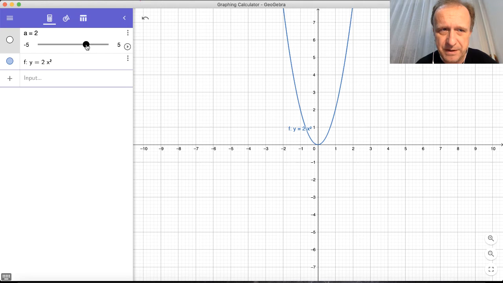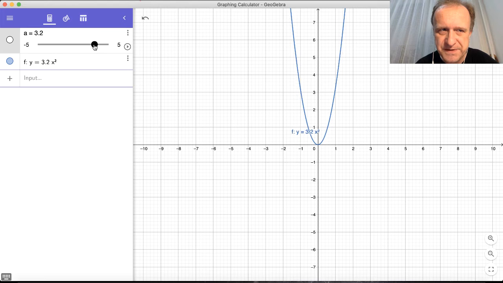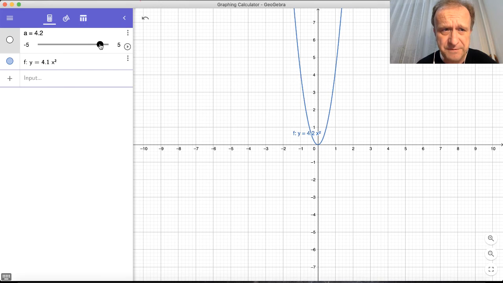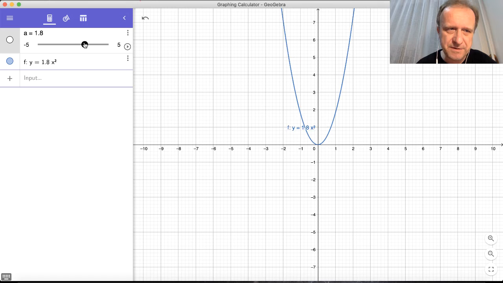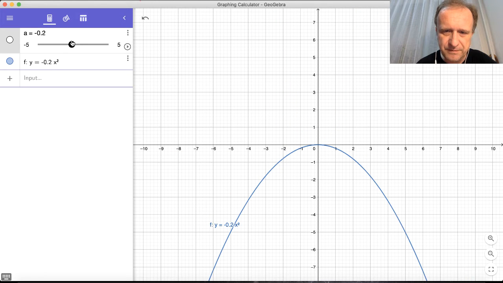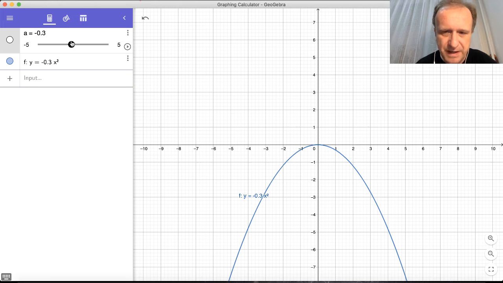So for example here a is 2. If a is 3, it's even more stretched away from the horizontal axis. If a is 5, even more so. If a is negative, however, the branches of the parabola will then go downwards like that.